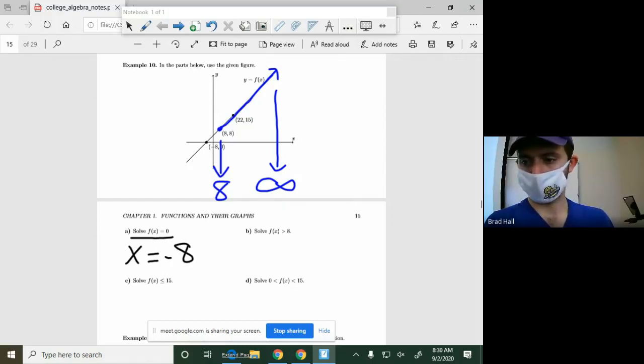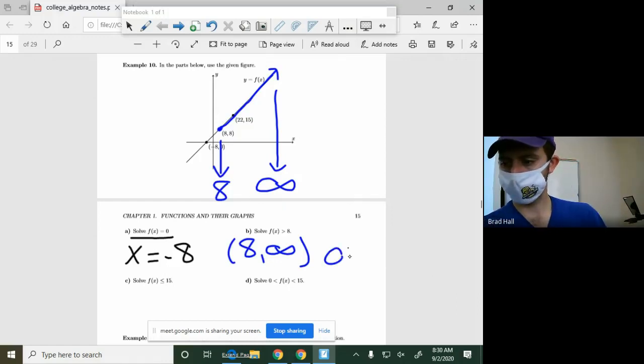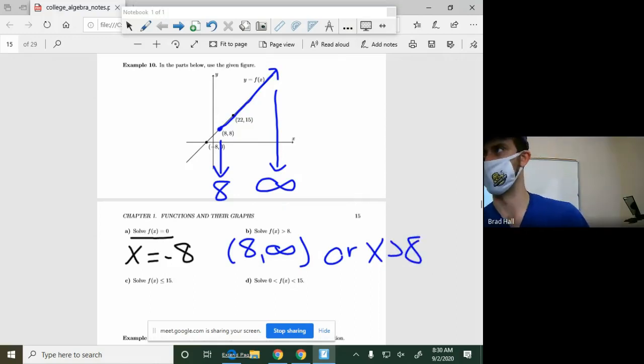This would be 8 to infinity, or x is greater than 8. I really can't remember which one they ask. Interval notation or inequalities, they go back and forth all the time, so I'll just give you both of them.